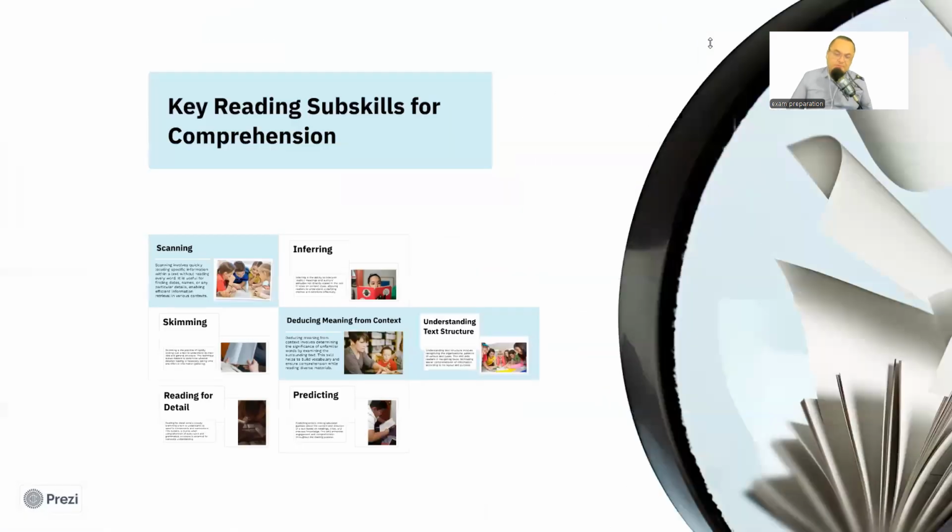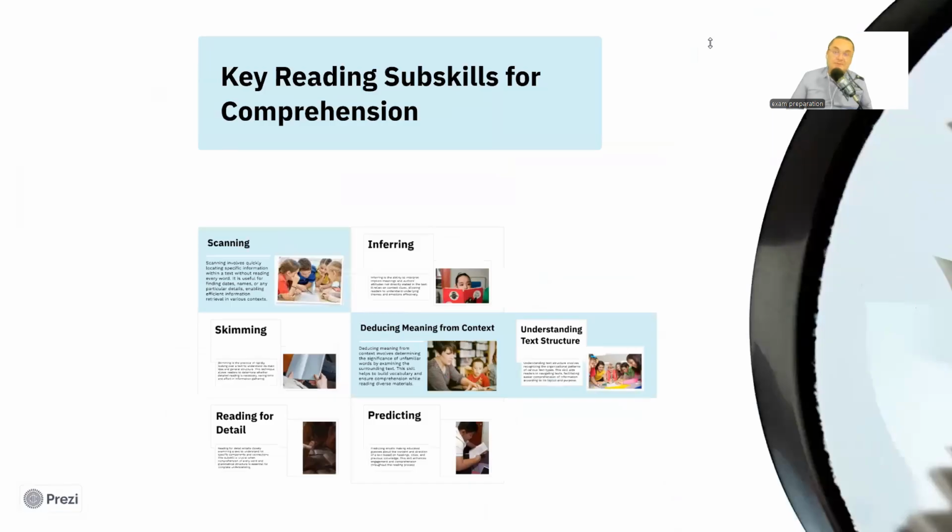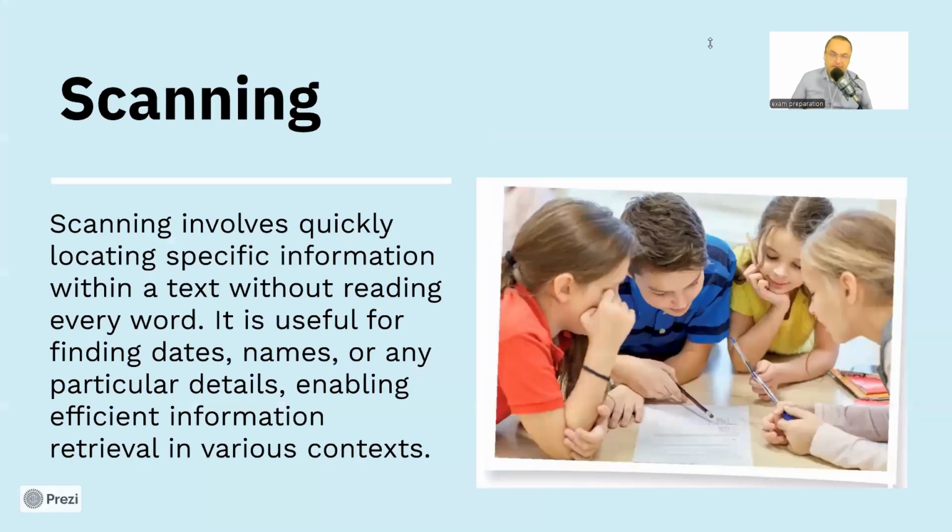Then we are going to talk about the soft skills for reading comprehension. The first important soft skill is called scanning. Scanning involves quickly locating specific information within the text without reading every word.